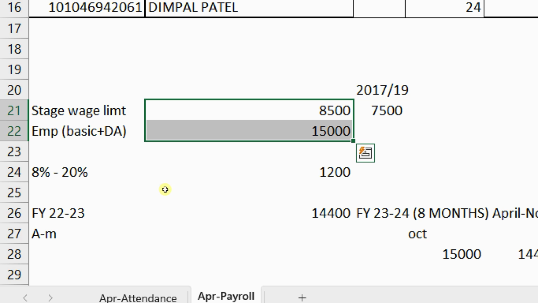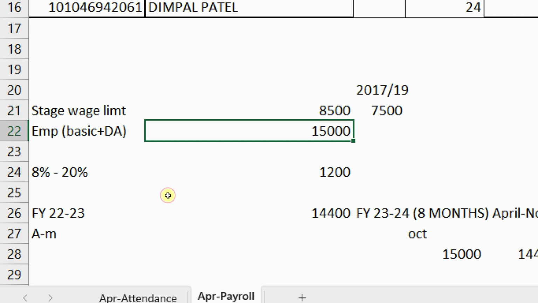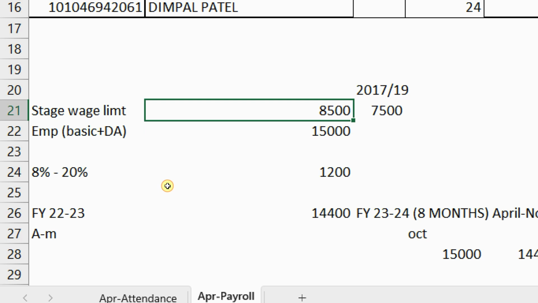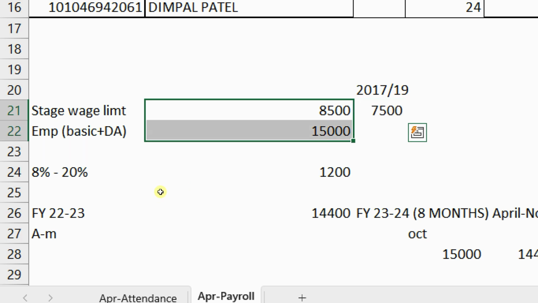The company will not pay bonus on 15,000. The company will pay only on whichever is lower here. So first you need to consider your state and country, whichever is higher, and here whichever is lower. You got my point?